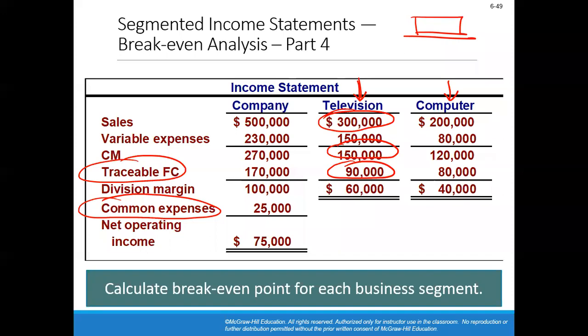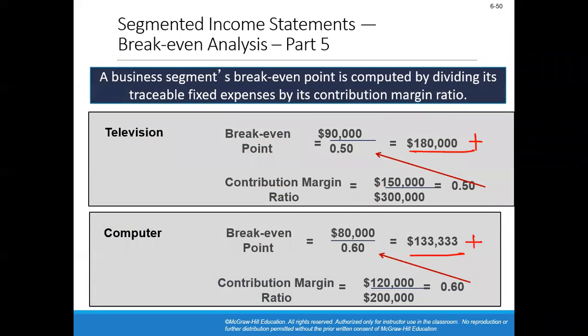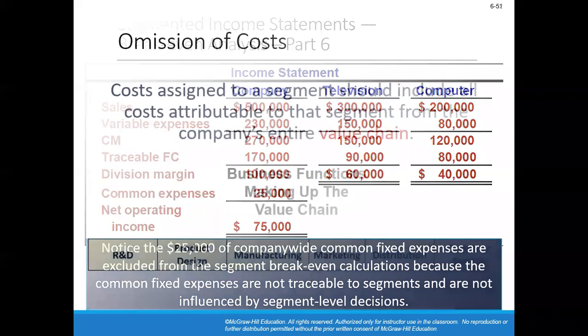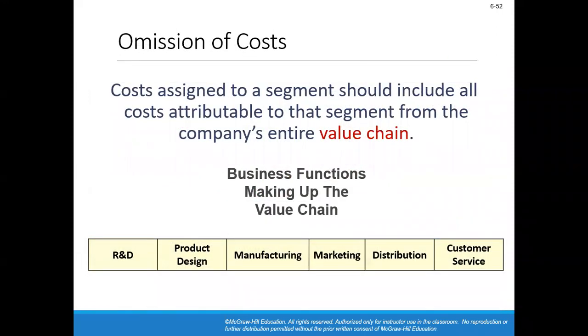So what you have noticed from this analysis is that we have not included the common expenses when we are determining the break-even point for the segment. There are some issues, or you might think of some mistakes that managers make when they assign cost to a segment.